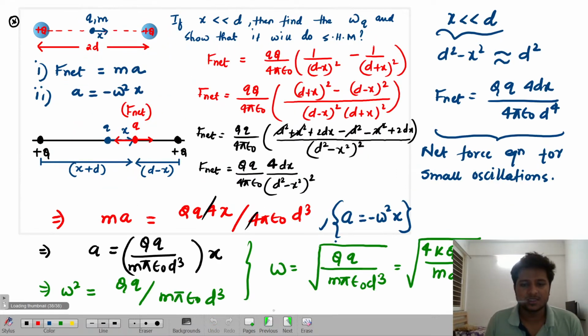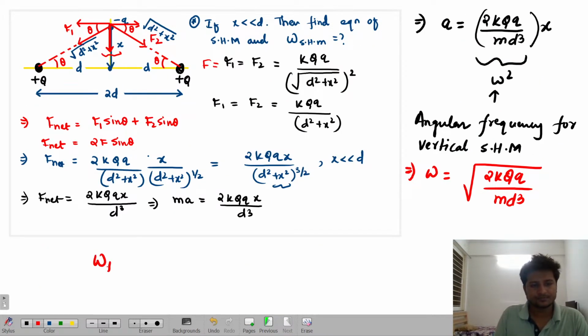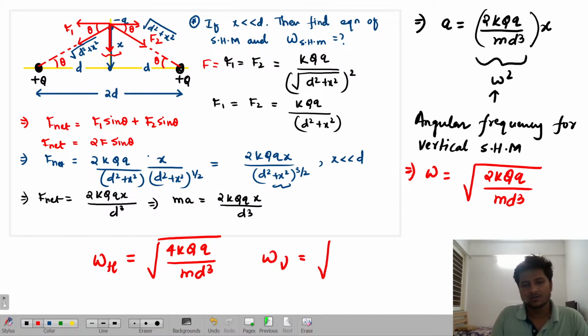You see that there is a point over here: omega in the horizontal case is exactly equal to root under 4k capital Q small q by m d cube, and omega in the vertical case is root under twice k Q q by m d cube.